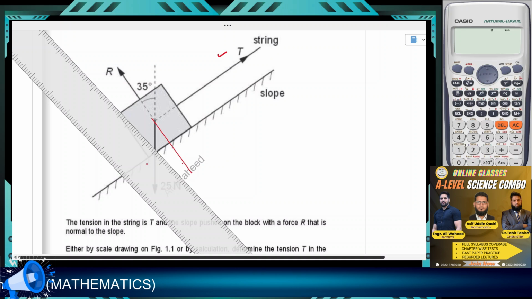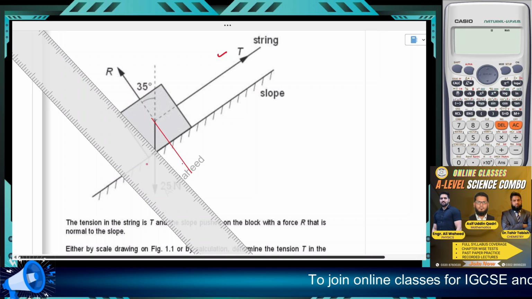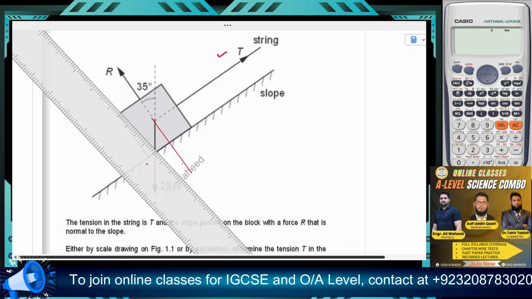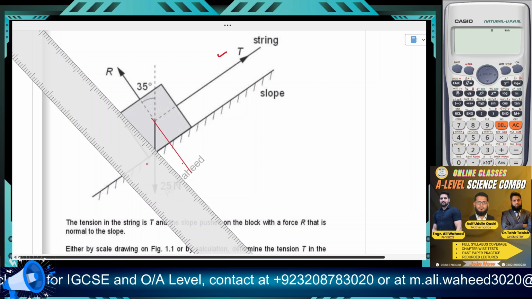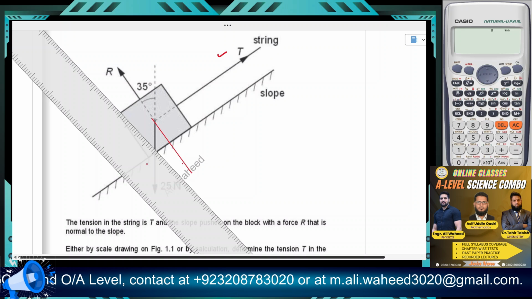Now what I'm going to do is consider the black one, which is the vector of 25 Newton, as the main vector, and I can say that these red ones are the perpendicular components of the vector of 25 Newton. Let me repeat again.